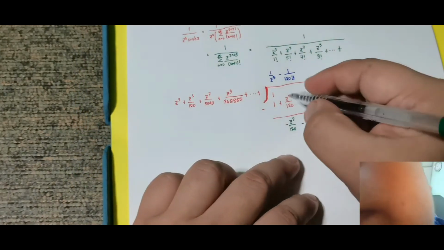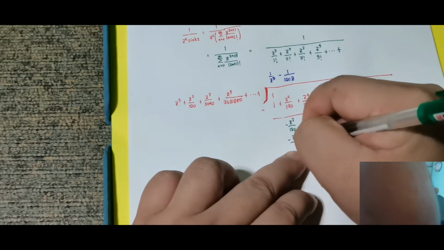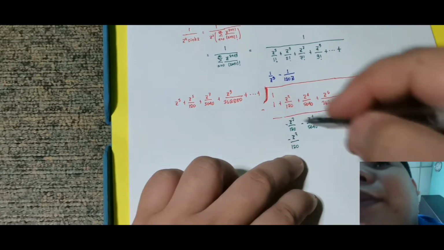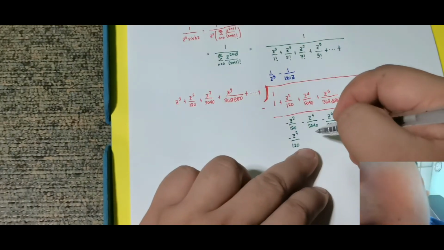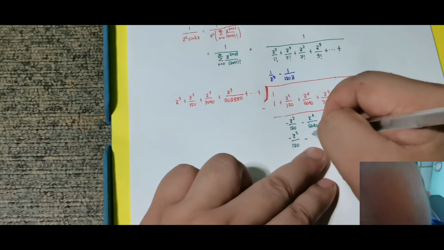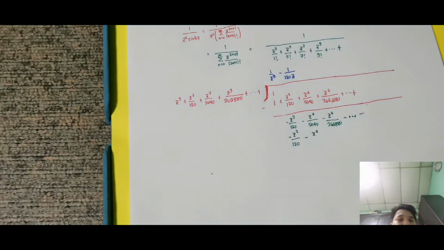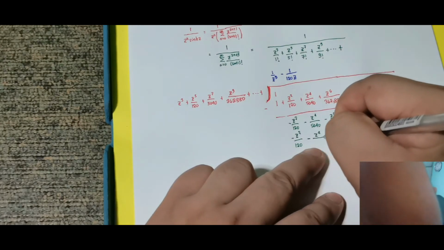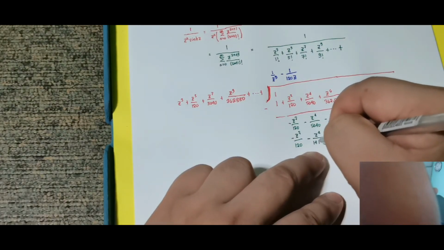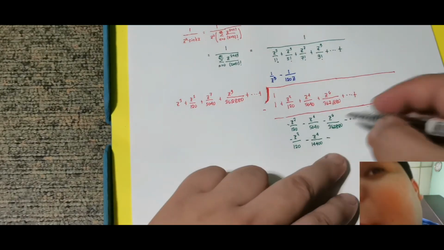This is negative z squared over 120. Then multiply, that is negative z to the fourth, tapos 120 times 120 sa ilalim, no? 120 times 120, that is 14,400, minus z to the 6.